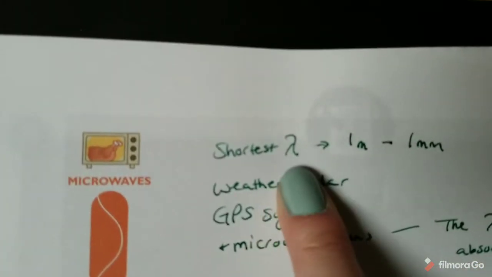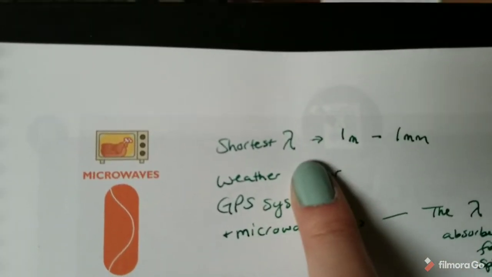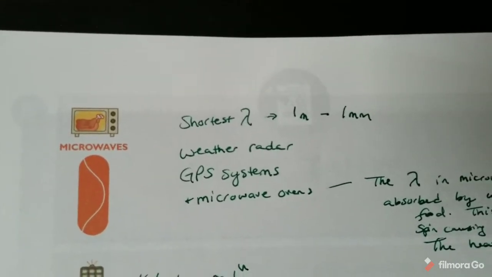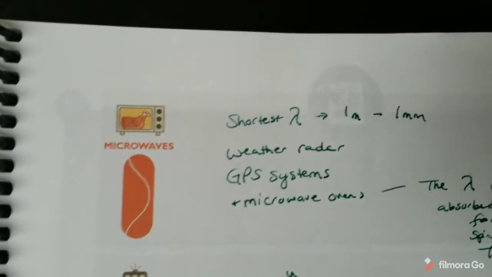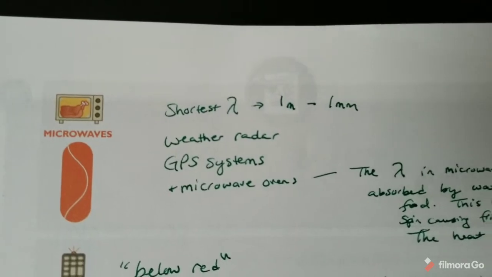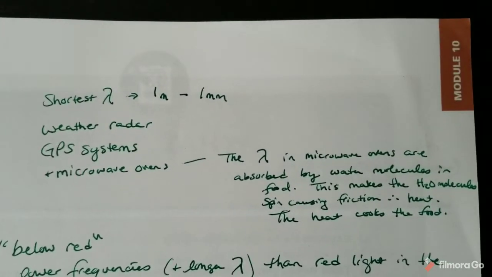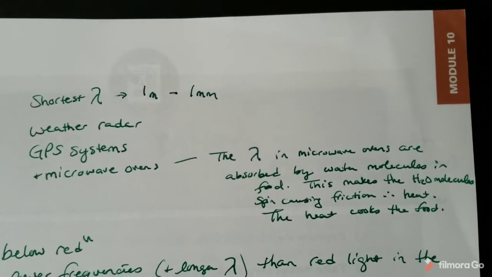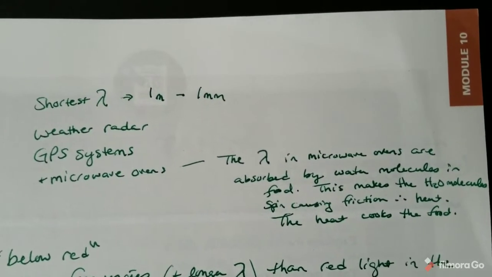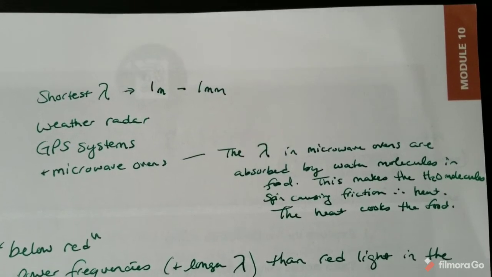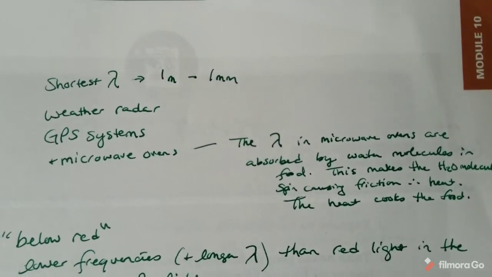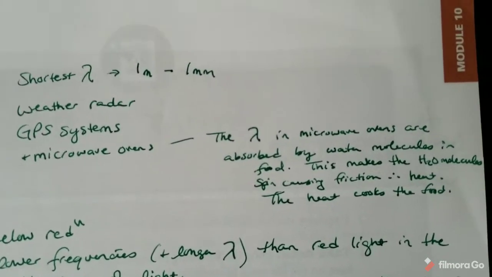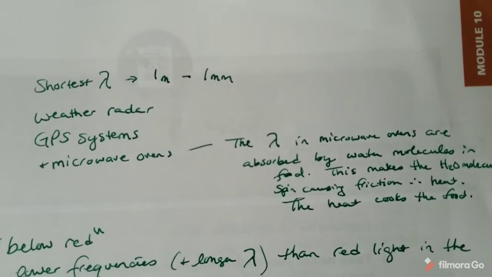I should have written more details here. Even though they're just microwaves, they do weather radar, GPS systems, microwave ovens. The microwaves in microwave ovens are absorbed by water molecules in food, and this makes the H2O molecules spin, causing friction in the food and therefore heat. The heat cooks the food.